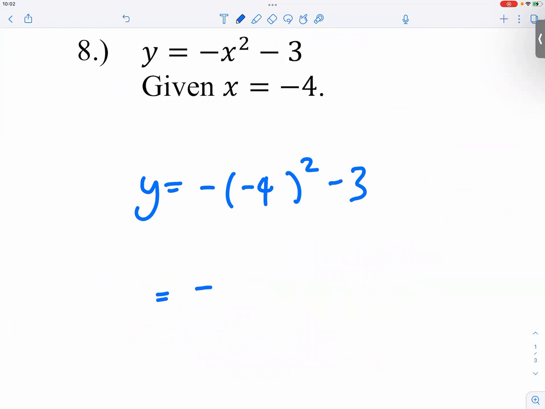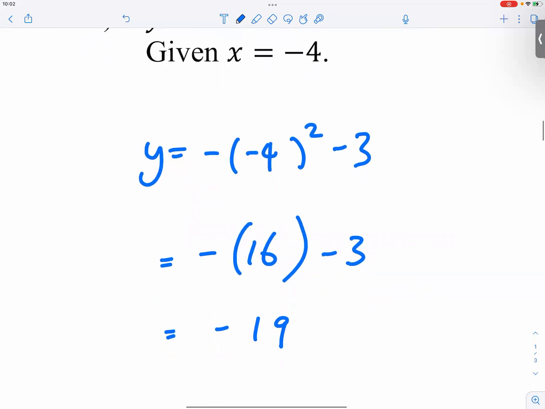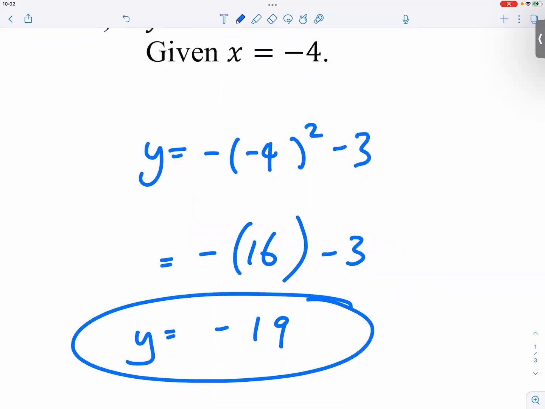But then there's a negative staying on the outside of it, so that's why you have negative 16. The 16 itself comes from the square of negative 4, but there's still a negative waiting on the outside. So therefore, for this answer, it is also negative 19.